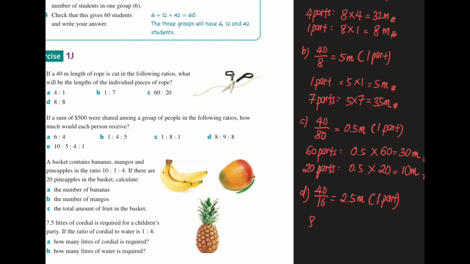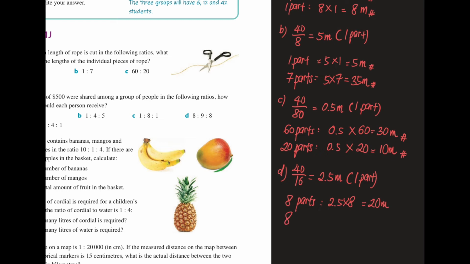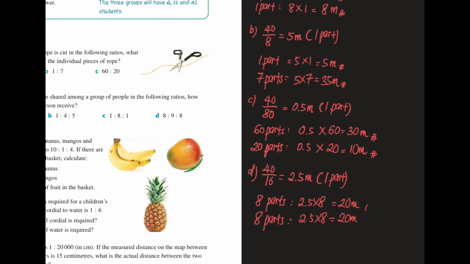So our ratio tells us that we need 8 parts, which is 2.5 times 8. That is equal to 20 meter. Then the second one is also 8 parts. So 2.5 times 8 again, then you get 20 meter.